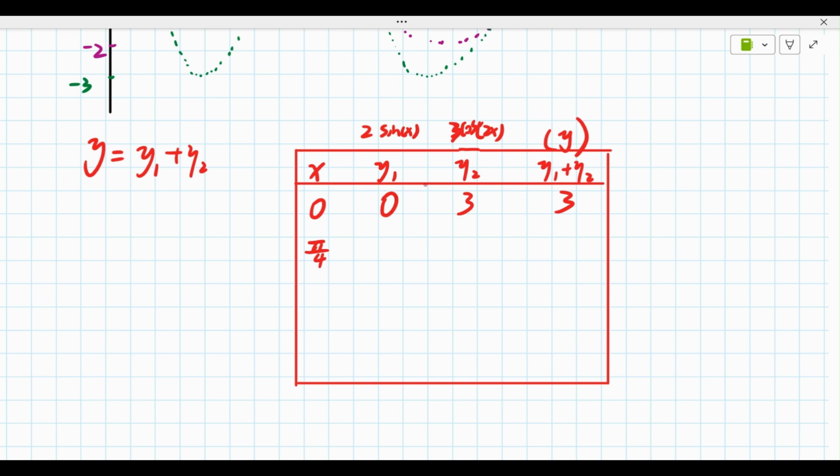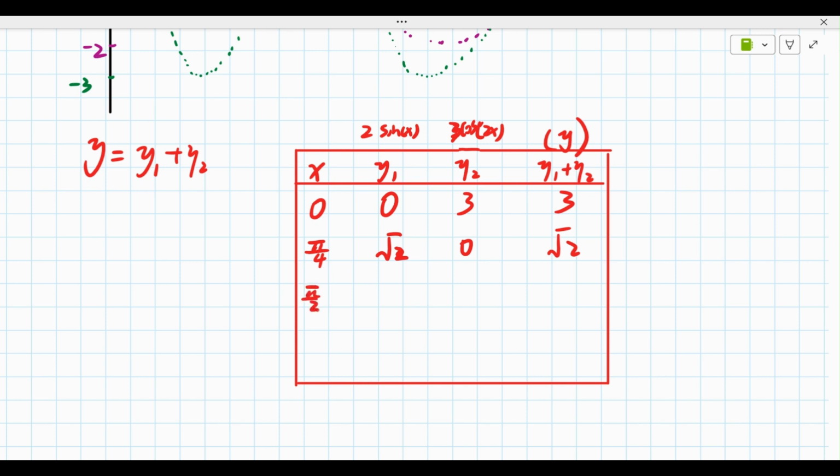Sine pi over 4 is root 2 over 2, so that's root 2. And 3 times cosine pi over 2, which equals 0. So your y1 plus y2 equals root 2.